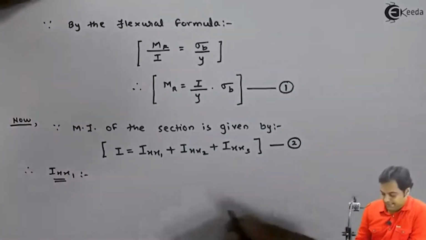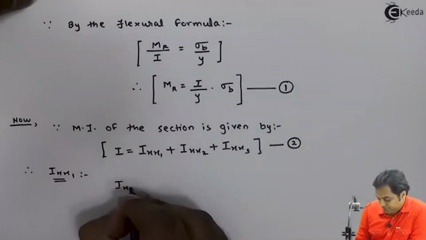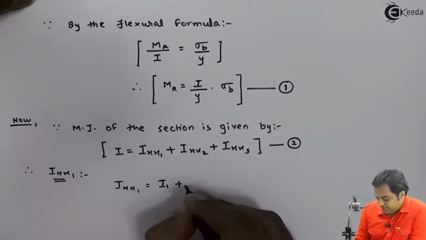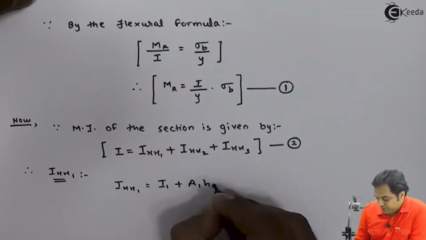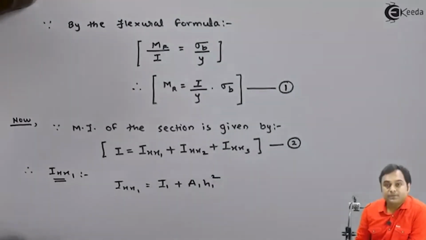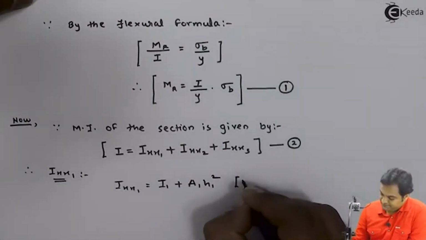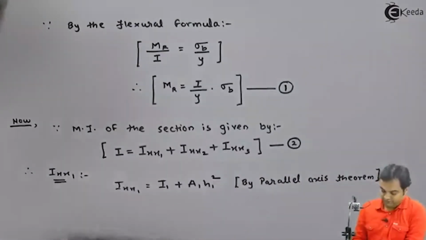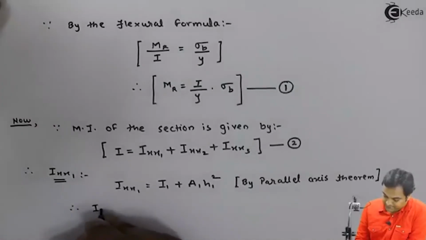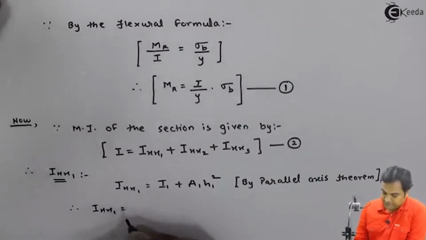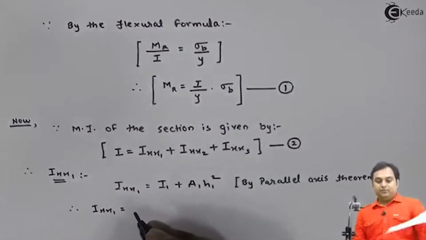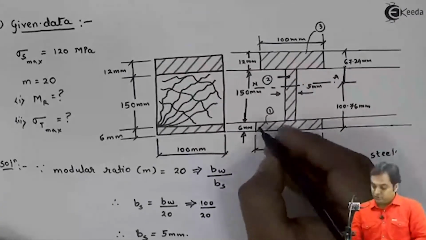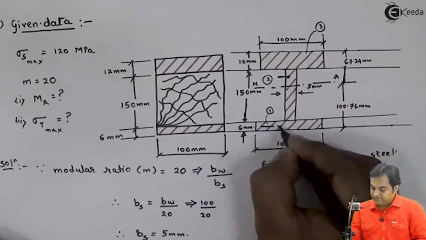Now Ixx1 will be equal to I1 plus area 1 into h1 square, that is by using parallel axis theorem. Therefore Ixx1 is equal to I1, the moment of inertia for rectangle number 1 about its own horizontal axis.